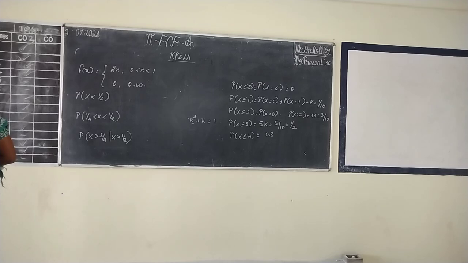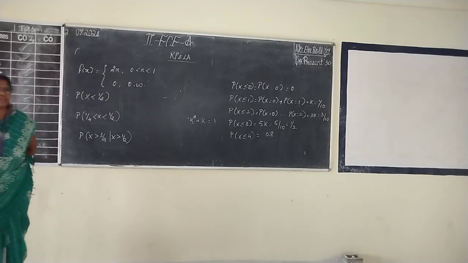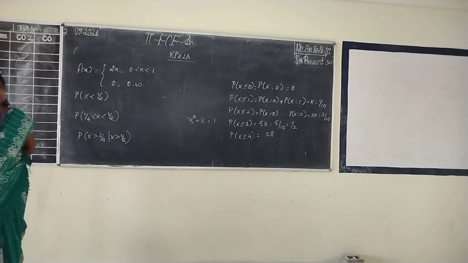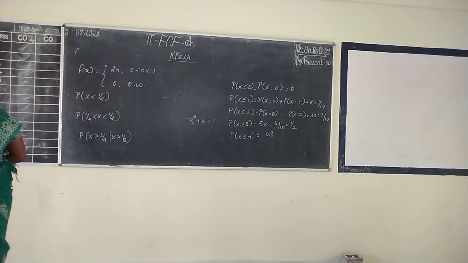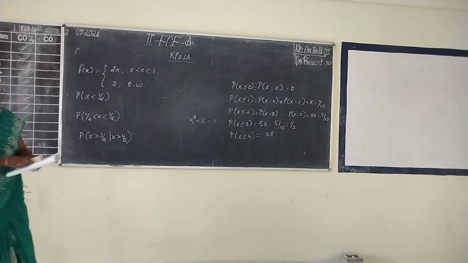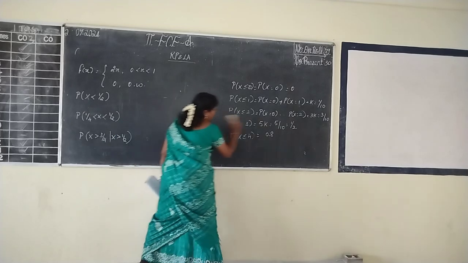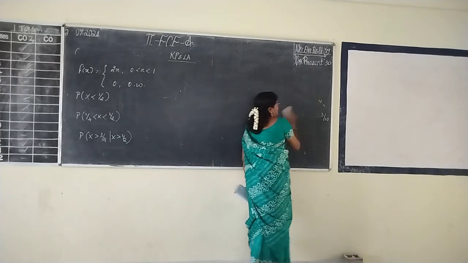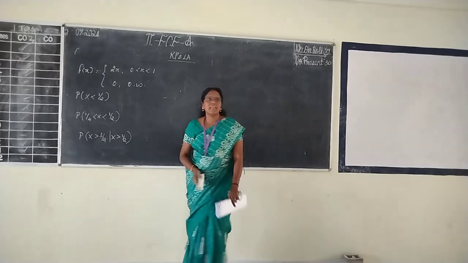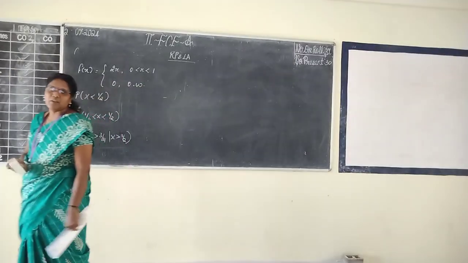The third page, the last question. Why is it continuous? Or is it discrete? Already in the previous class I explained so much about discrete and continuous.